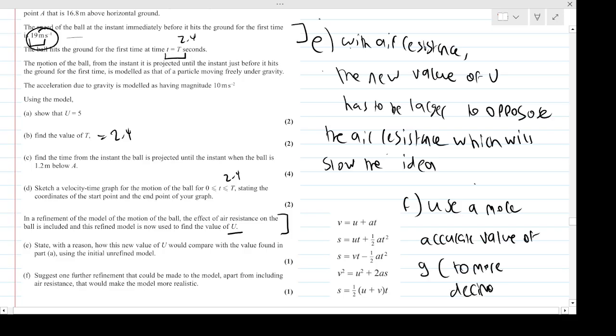Because obviously they said g was 10 here. That's not very rounded at all. So actually they can round g to like 9.8 or something to make it more accurate. That's the answer I can use to make the model more realistic, to give me a more precise answer. Okay, so that's it.